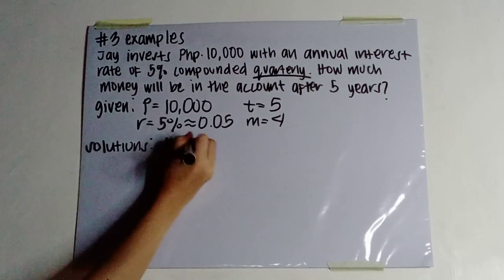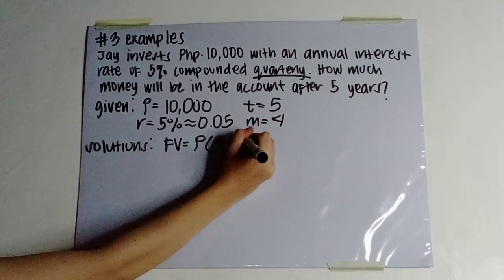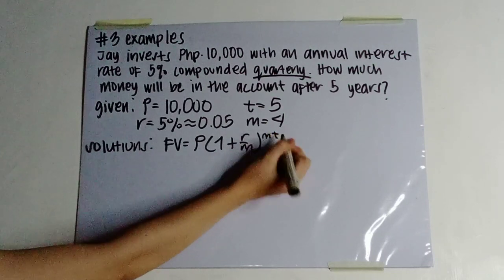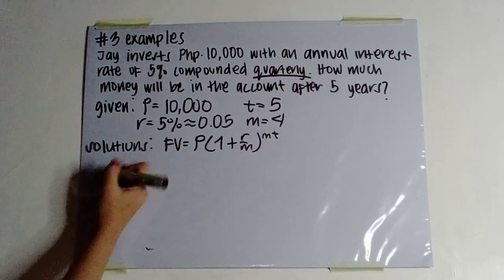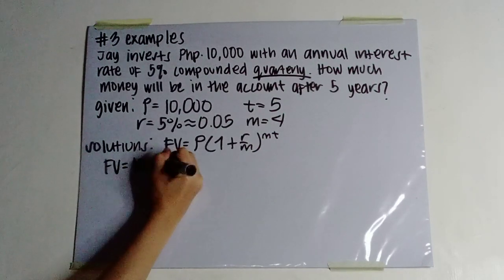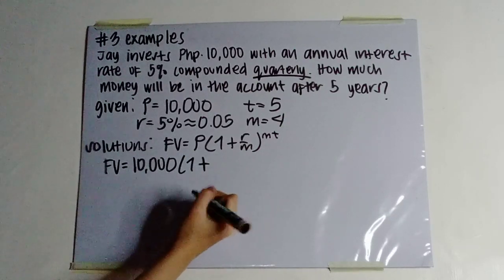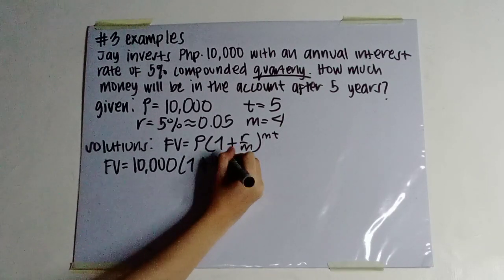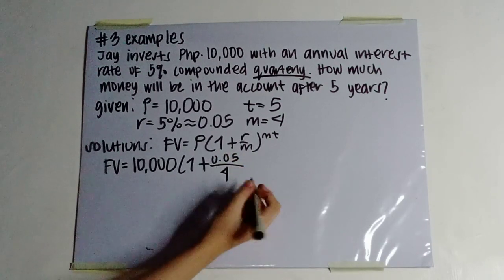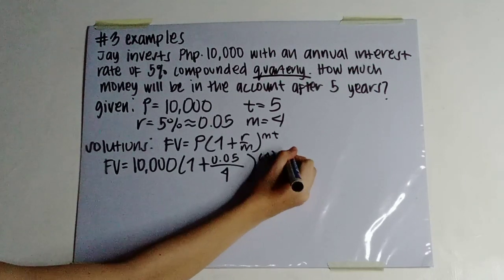Okay, so write the solution. The formula is FV equals P times 1 plus R divided by M raised to MT. FV is equal to 10,000 times 1 plus 0.05 divided by 4, raised to 4 times 5.